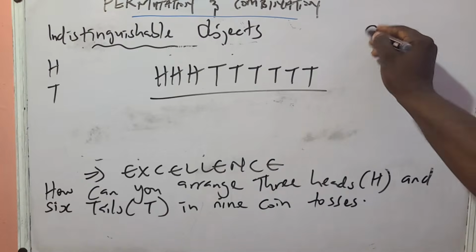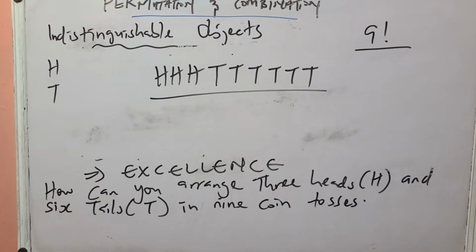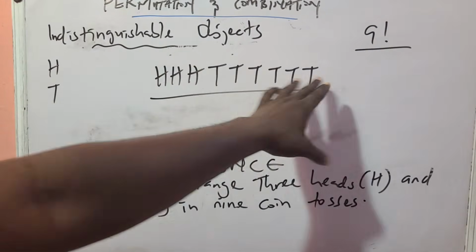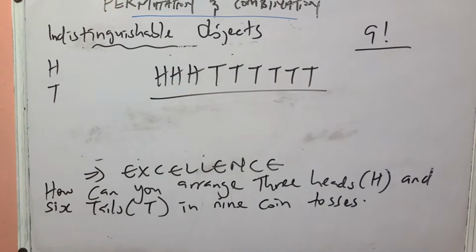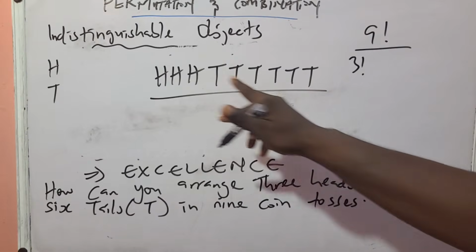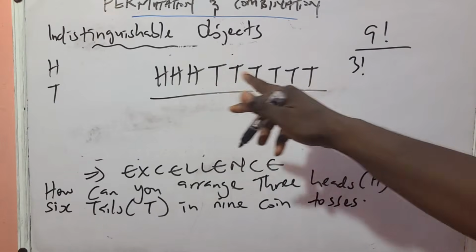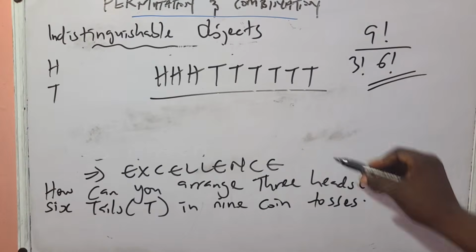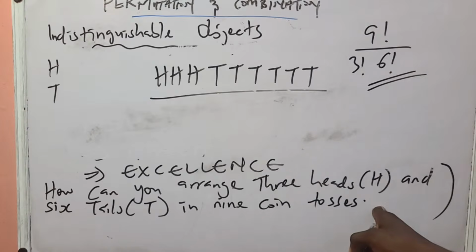9 factorial over, okay, because we have indistinguishable objects. For instance, H is indistinguishable, T is indistinguishable, so you would have said 9 factorial over 3 factorial, and then, because T happened 6 times, 6 factorial. This is what you would have done if I did not coin the question out this way.